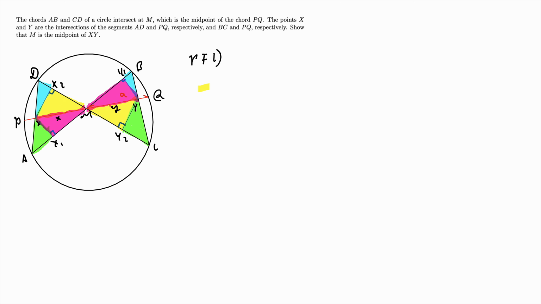Okay, so the yellow one tells us that x to y equals x sub 2 to y sub 1.